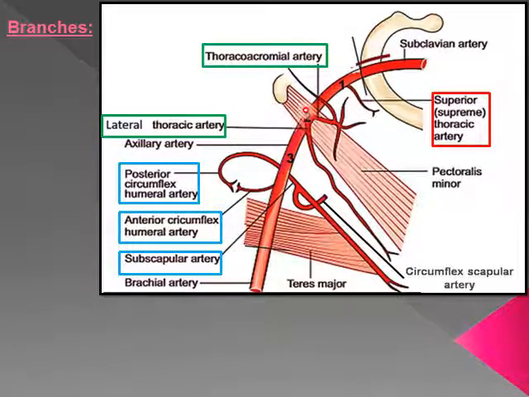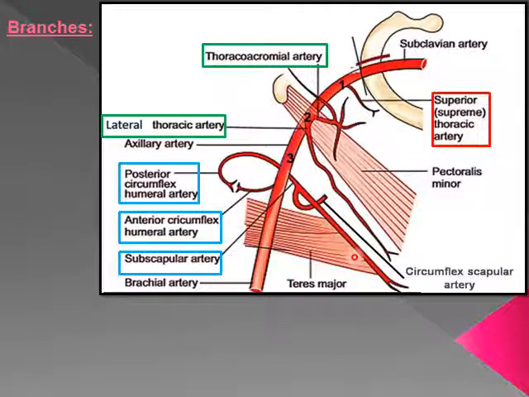From the second part, it gives the thoracoacromial artery and the lateral thoracic artery. From the third part, it gives the anterior circumflex humeral artery, the posterior circumflex humeral artery to surround the surgical neck of the humerus, and the subscapular branch.